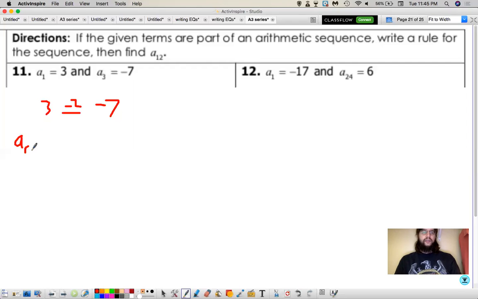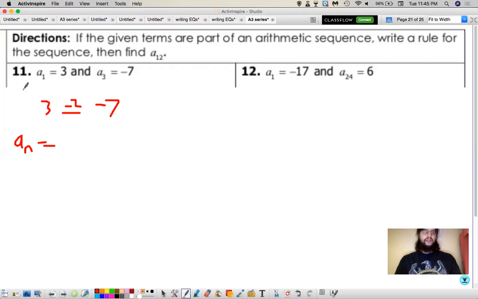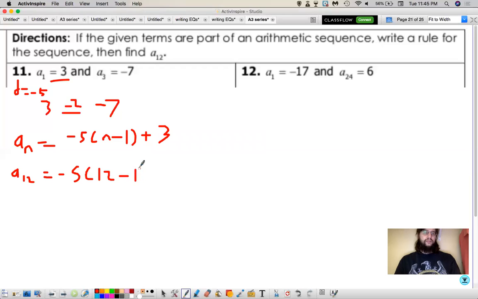So a sub n equals, what did I say my common difference was? -5. So d is -5, starting at 3. And it wants a12.